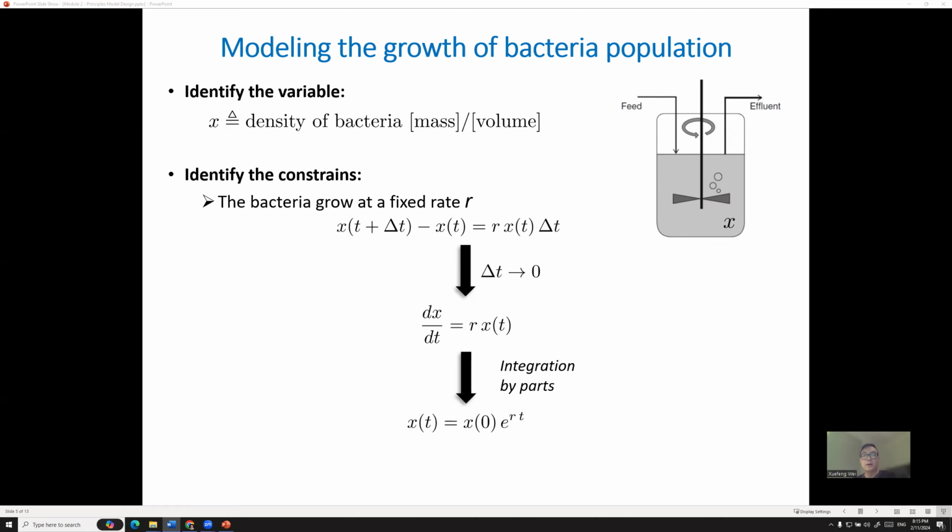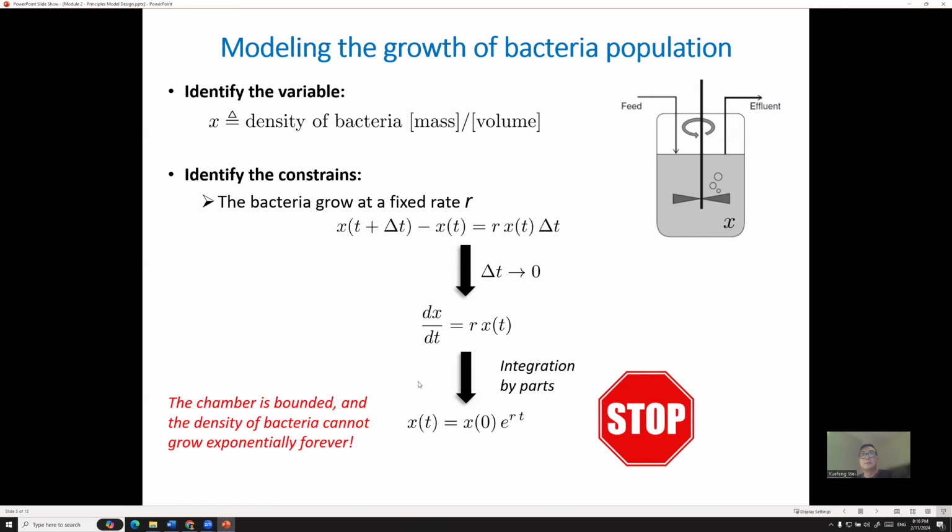And therefore, there is actually a maximum density of bacteria. Beyond this maximum value, the bacteria just cannot go beyond this maximum density. So we should stop here, because the chamber is bounded and the density of bacteria cannot grow exponentially forever.